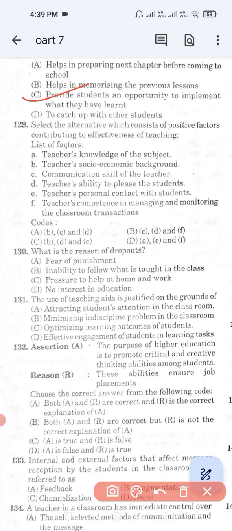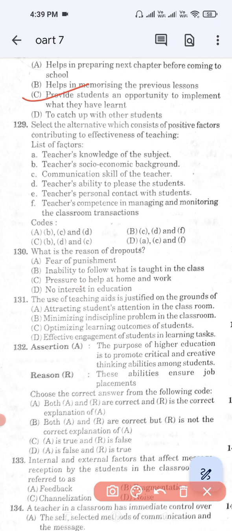D. Teacher's ability to please the students. E. Teacher's personal contact with students. F. Teacher's competence in managing and monitoring the classroom transactions.